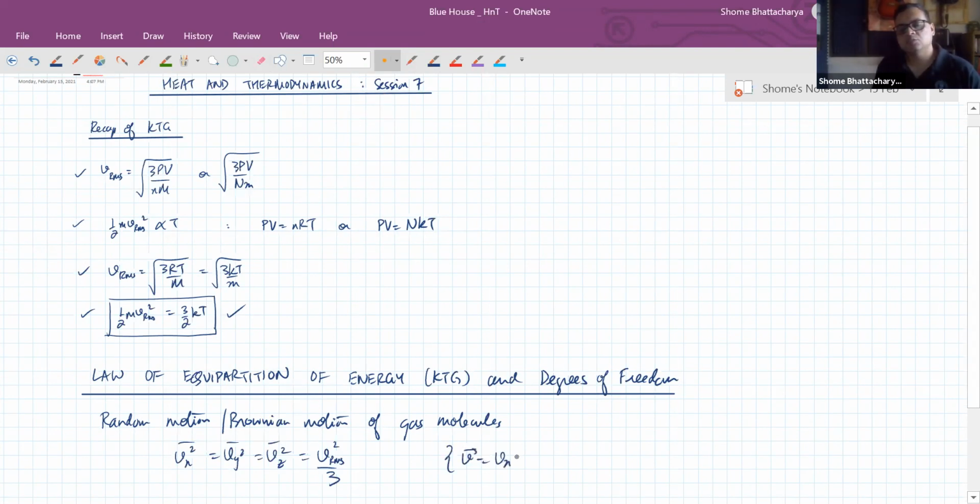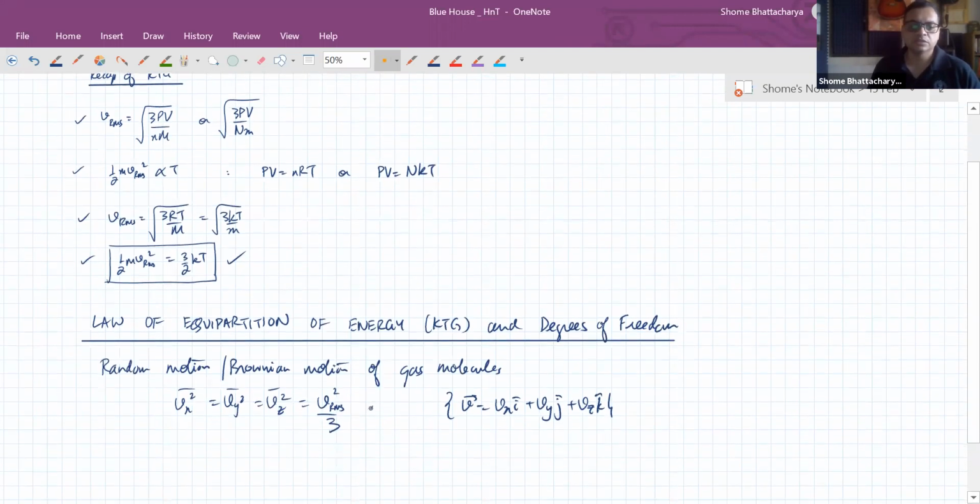If the gas molecules have in general a 3-dimensional type of velocity, then square the components and average them out. So Vx squared average will be equal to Vy squared average will be equal to Vz squared average because of the equal probabilistic distribution in terms of direction of motion. Equally probable that it is moving along the x, y, or z axis or any other axis. So from that we got this relation here.